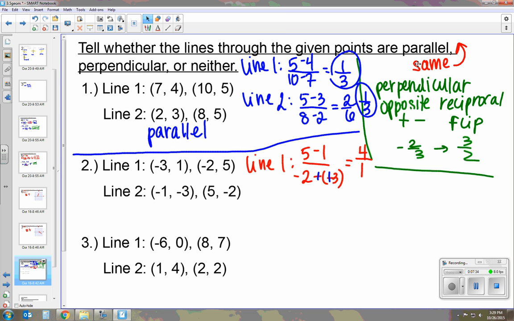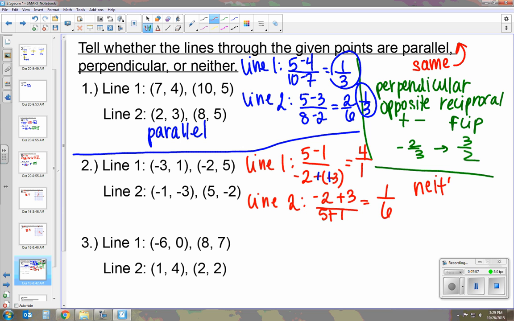Okay, line 2 is going to be a negative 2 plus 3 over a 5 plus 1, and that is going to give us 1/6. 4/1 and 1/6 have nothing in common. Those two lines are going to be neither. They're not parallel, they're not perpendicular.